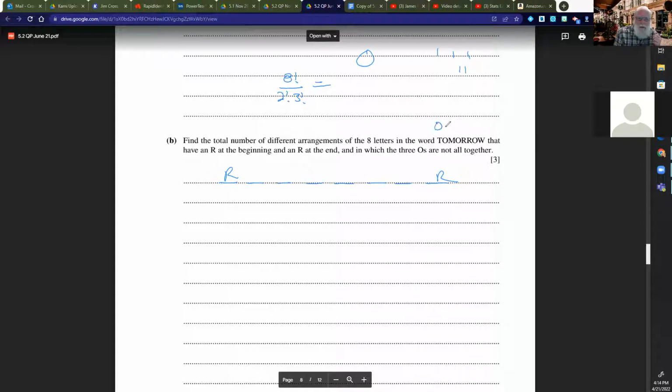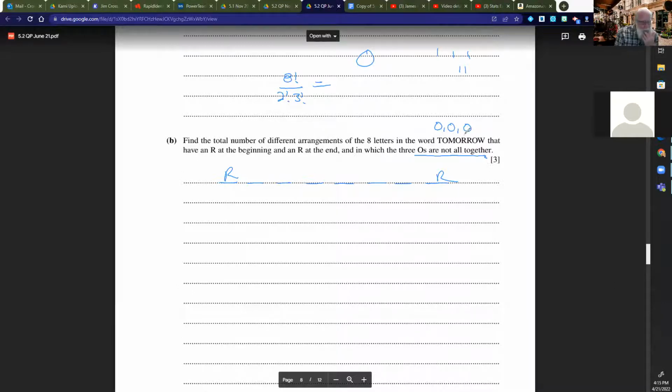All right, so this is an excellent example. There are 3 O's. Now, notice how it says the O's are not all together. They're okay with having 2 O's together, but they're not okay with having all 3 O's together.